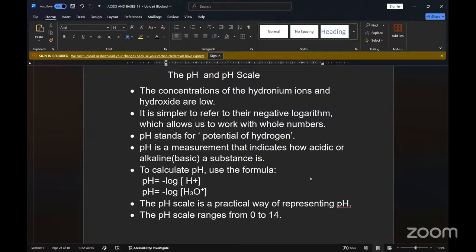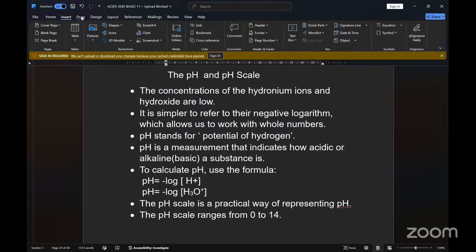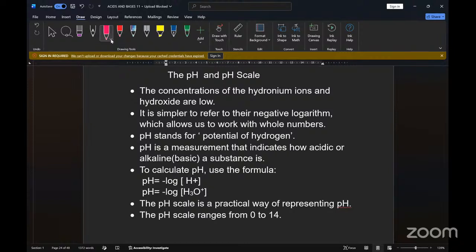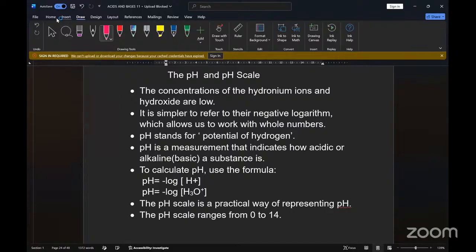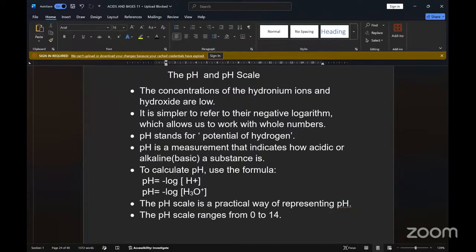Okay, so we're going to talk about pH and the pH scale. So why do we talk about the pH scale? The reason is simply this: the concentrations of hydronium ions and hydroxide ions are low.